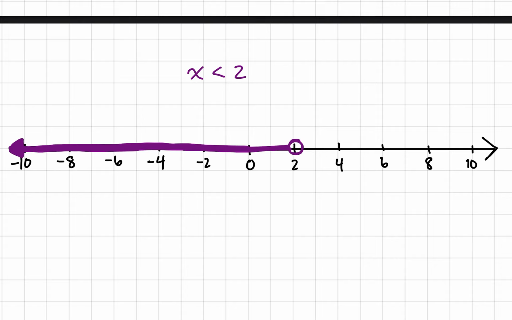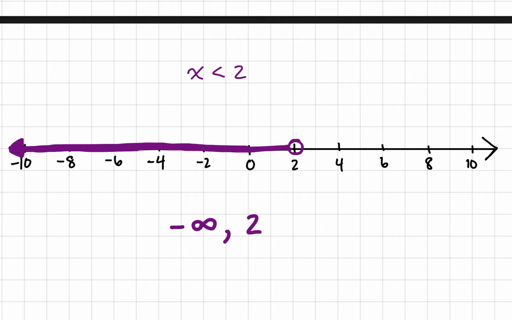To convert from a number line into interval notation, we start at the highlighted part from left to right, and we write that down. Because the arrow goes all the way to negative infinity, I'm starting at negative infinity. I'm ending at 2. Now we have to decide if we're going to use parentheses or a bracket.